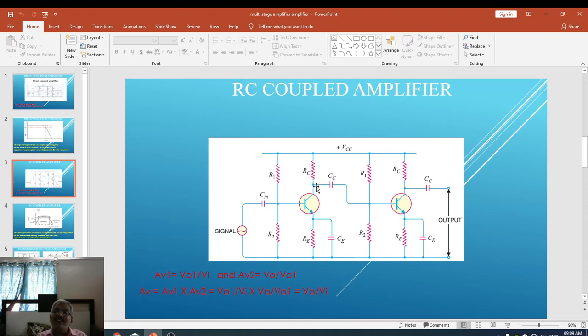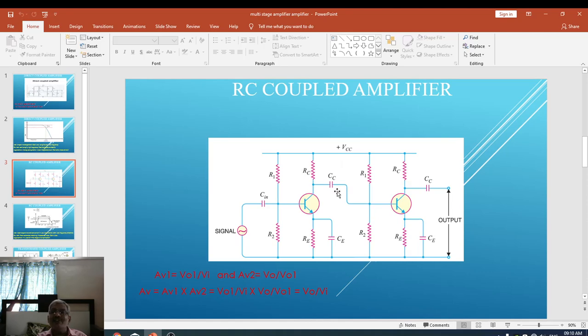The amplified signal at the collector is now connected to the input of the second stage by making use of the combination of RC and CC. Here RC and CC are the coupling components which are used to couple the output of the first stage as an input of the second stage.